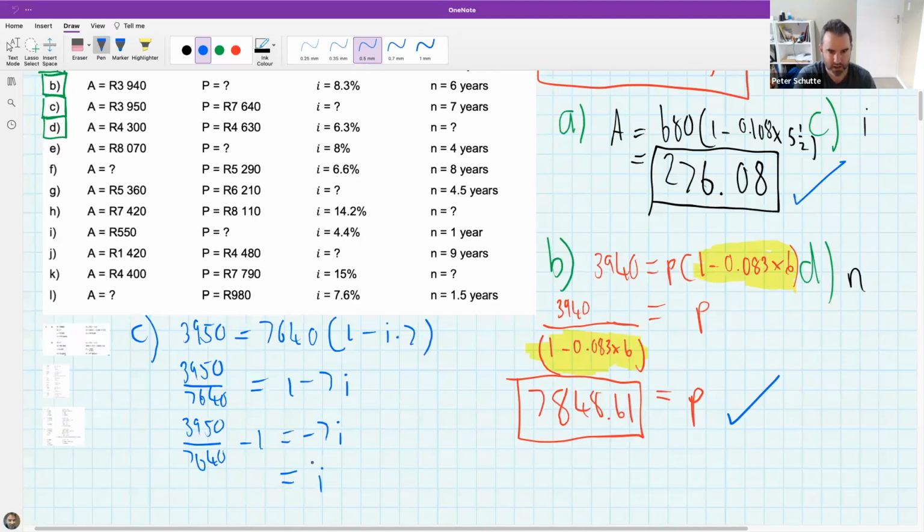Yeah, so I'm going to have to, in this last line, divide everything by -7. Let's see what I get. There are a couple of different ways to do this. So your teacher might have a slight variation on this, but as long as you're getting the same answer as me, then it's not a problem.